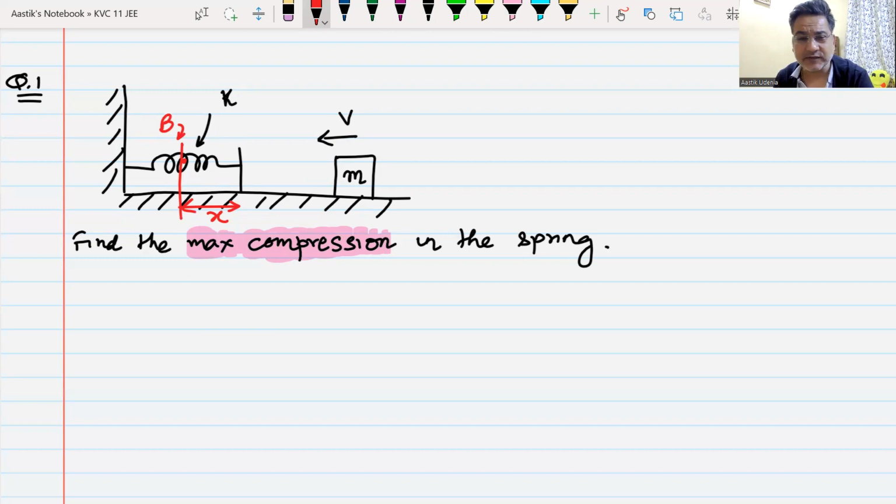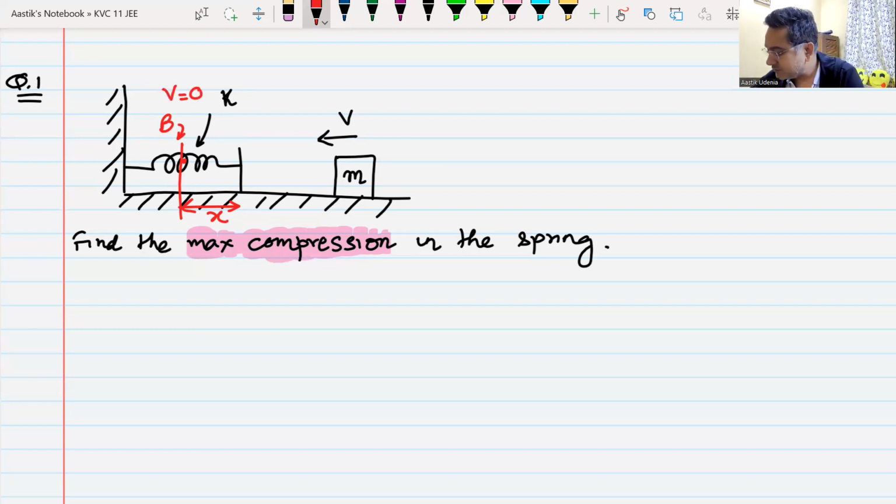What will be the velocity of the body at that point? Can you say anything about it? Zero, sir. The velocity at the point where the spring is maximally compressed will become zero.